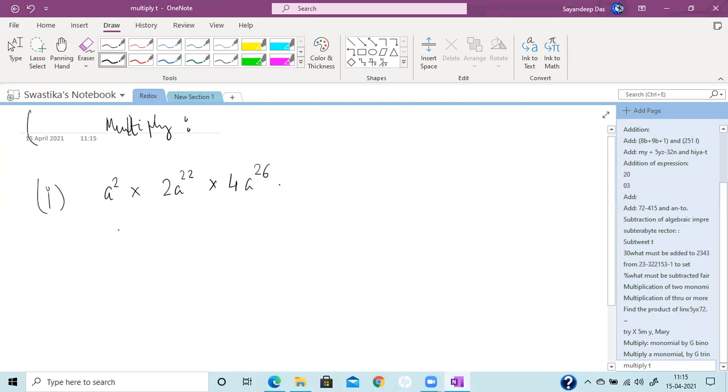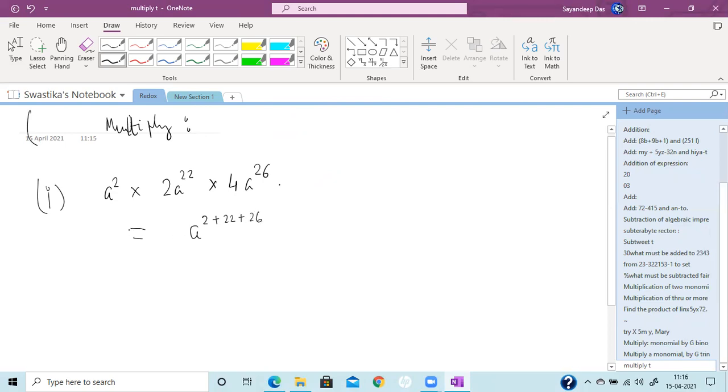Now multiply this, your variable is a here. So now you add the powers: 2 plus 22 plus 26.